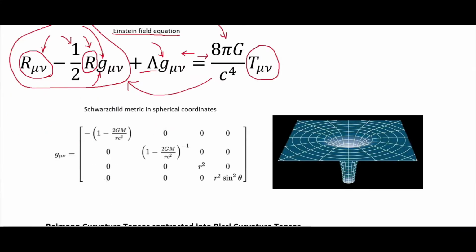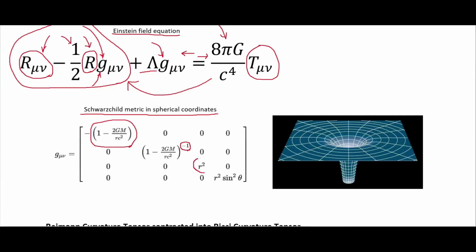And so down here, just to give you a little bit of an idea, this is called the Schwarzschild metric, and it's in spherical coordinates. So this is a metric tensor, and we see that it has this minus 1 minus 2GM over rc squared. And then this is the same thing, but its inverse.